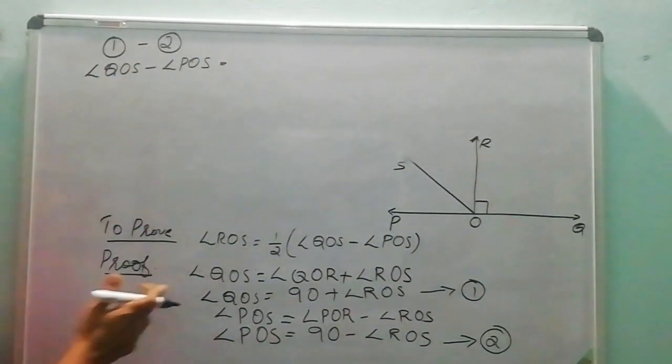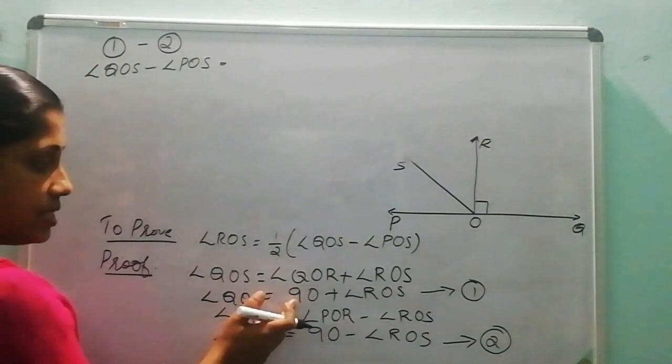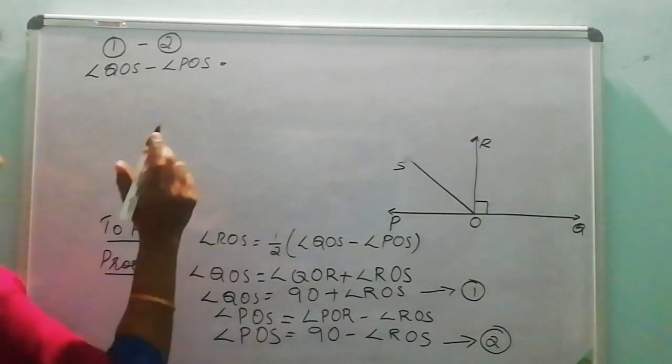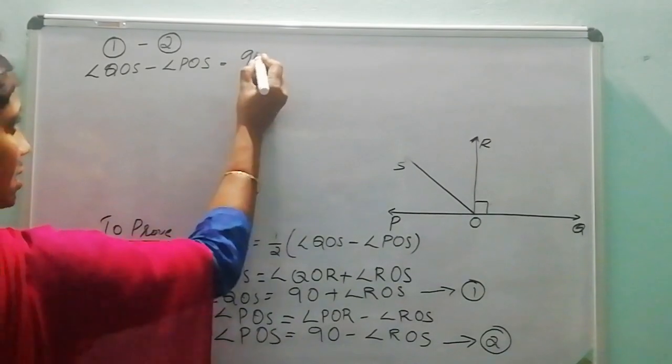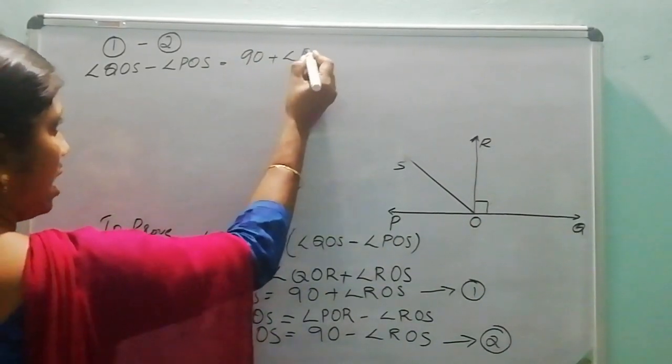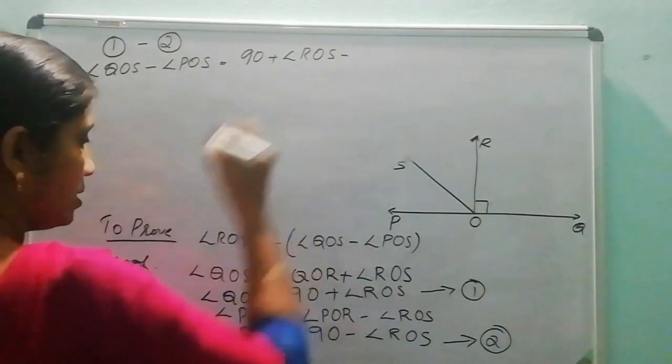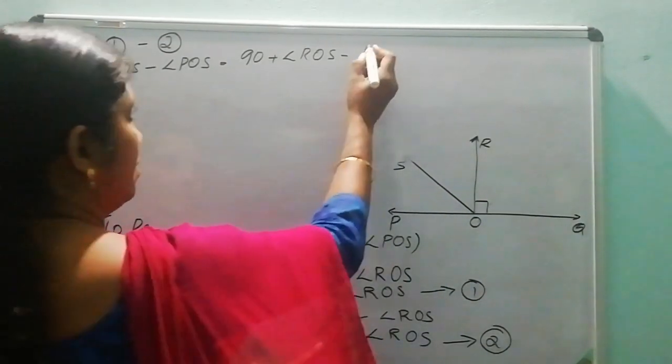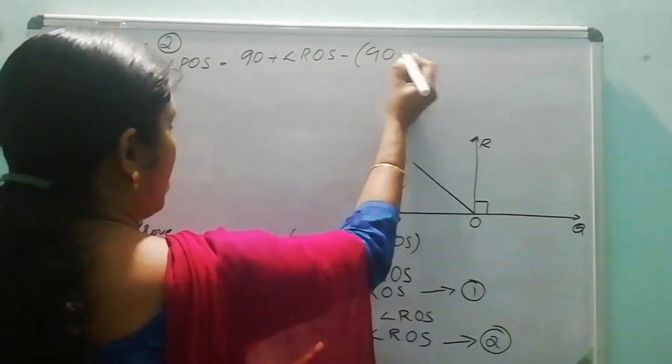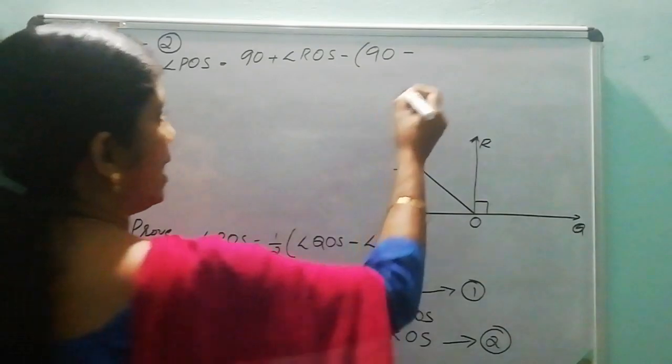That is equal to, on the right side, 90 plus angle ROS minus the bracket 90 minus angle ROS.